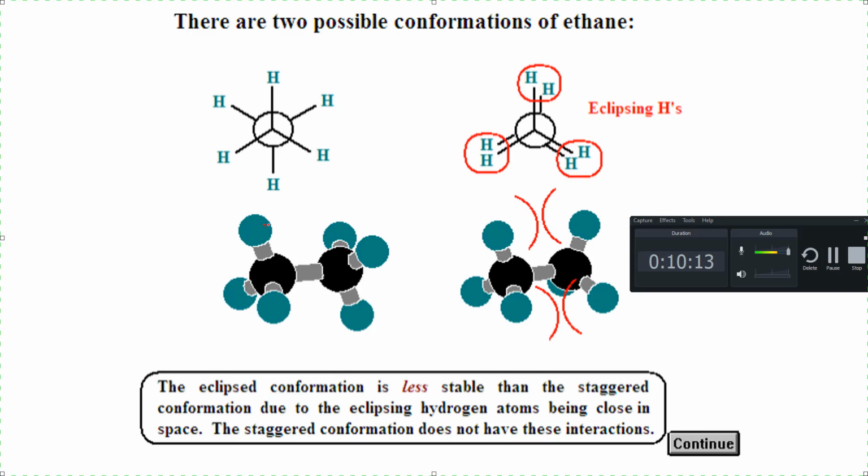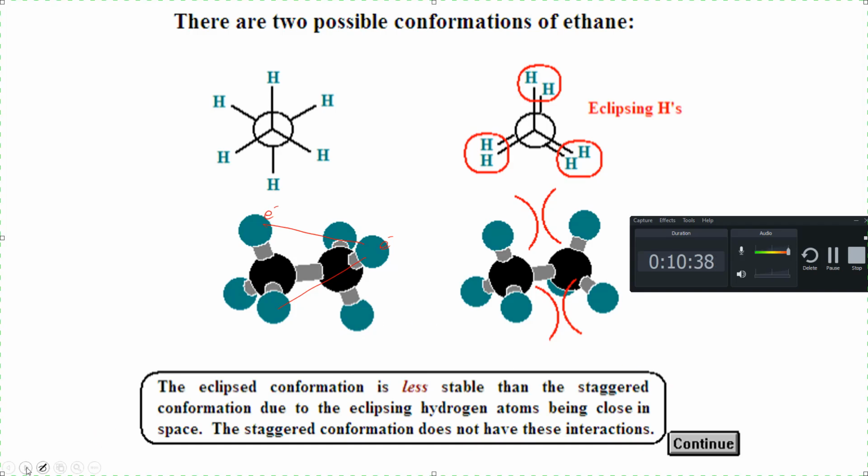So with these hydrogens as far away from each other as possible, remember, atoms are just clouds of electron density. So we would want these clouds to be as far away from each other as possible, whereas in the eclipsed conformation, they're going to be very close together. So the eclipsed conformation is less stable, meaning that the staggered conformation is more stable.